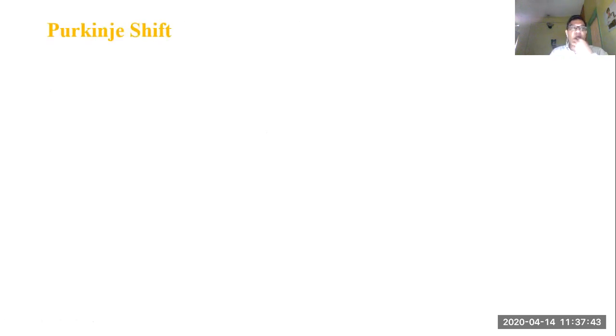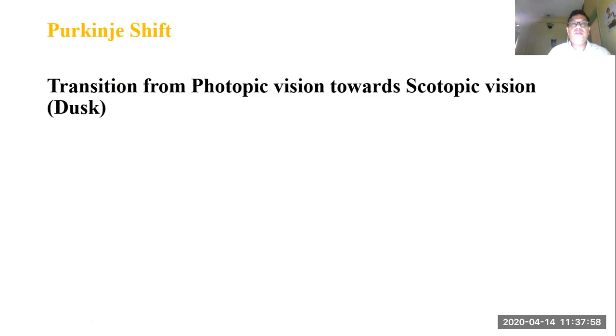There is also a term known as the Purkinje shift. Now, what is the Purkinje shift? So we talked about photopic vision, we talked about scotopic vision. So photopic vision is daylight vision, scotopic vision is dim light vision. Now, what happens in between?